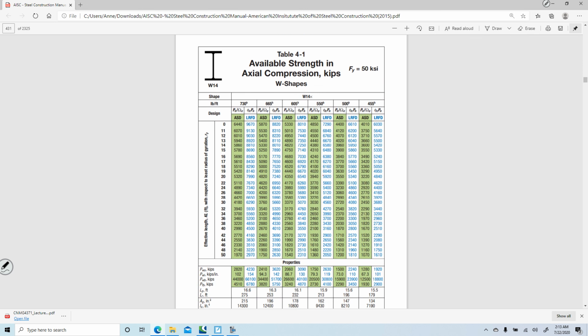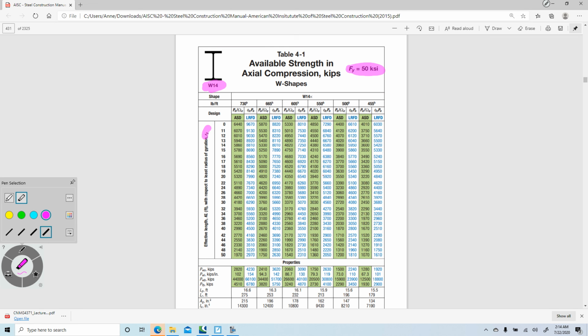These tables, like here we're looking at W14s with an FY of 50 KSI. Go to table 4-1, or any of them, but 4-1A starts on page 4-12. This is a W14 with an FY of 50 KSI, so it's like A992 steel.